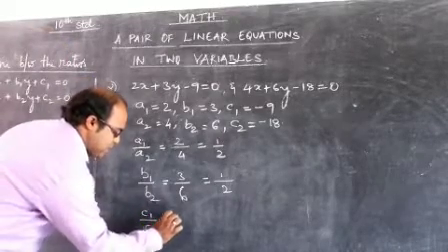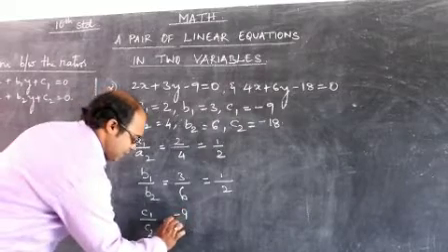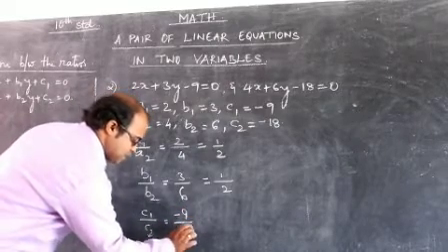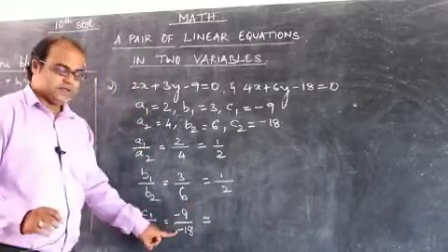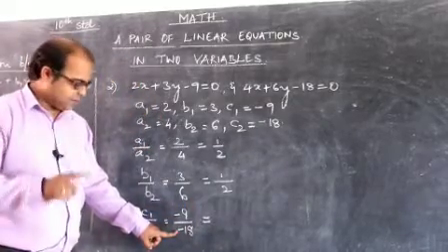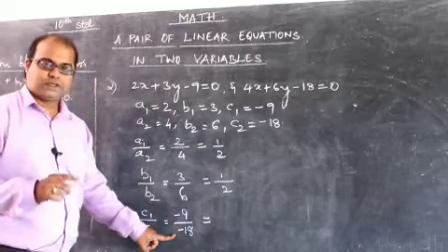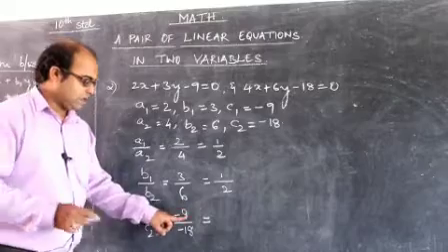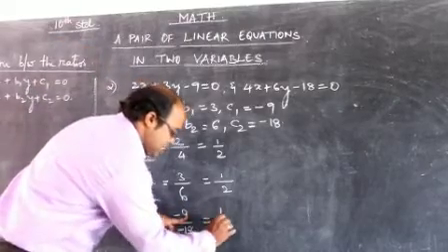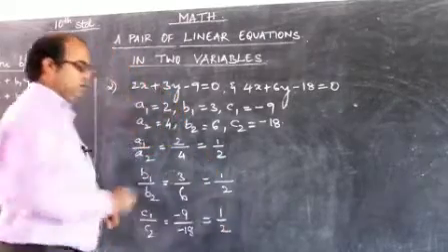C1 value is minus 9 divided by C2 value minus 18. Minus divided by minus is plus. I repeat, minus divided by minus is plus. 9 divided by 18: 9 1s are 9, 9 2s are 18.